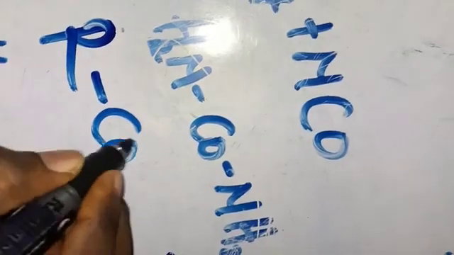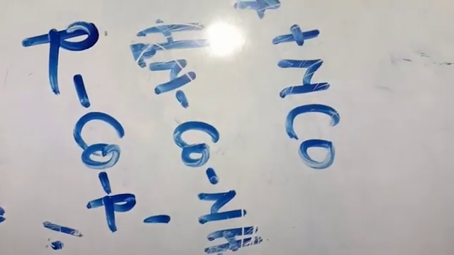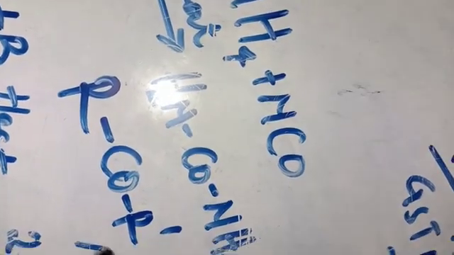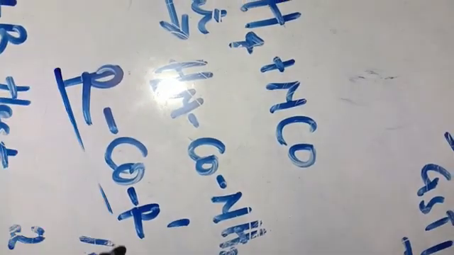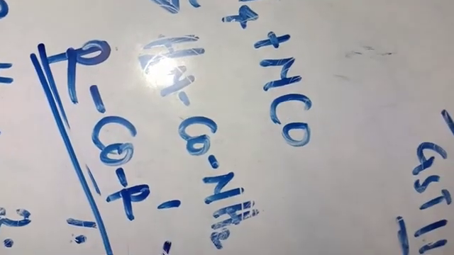You can also represent this, and I will explain it in a later class, but just as a brush up, you can have this as your R, CO, R, like this. This is the name of a functional group. This family is called alkanone, or you can call it ketone. We have alkoxy, we have aldehyde, like that.